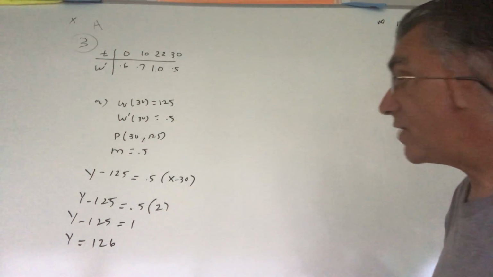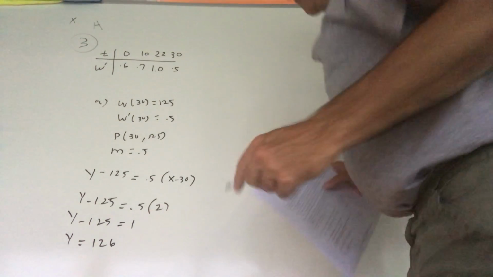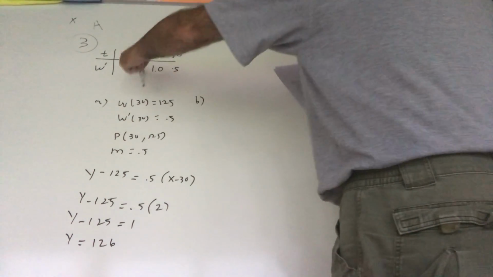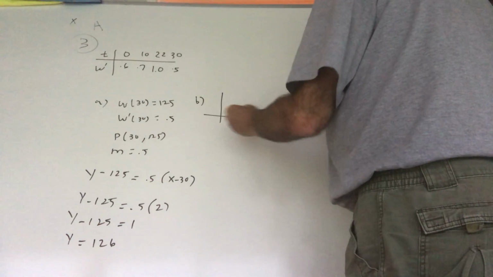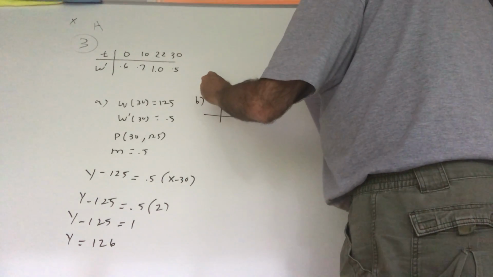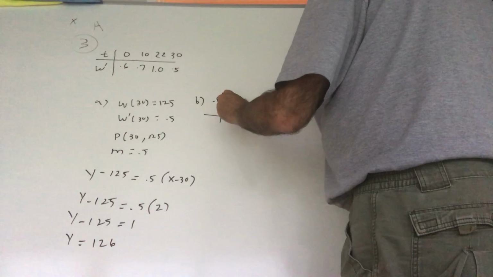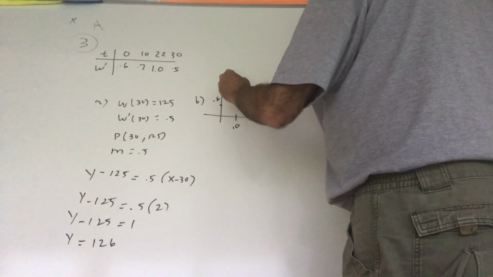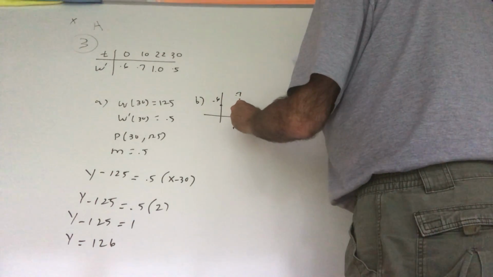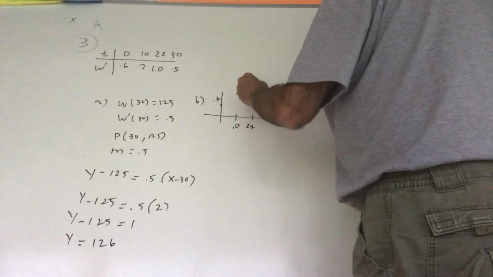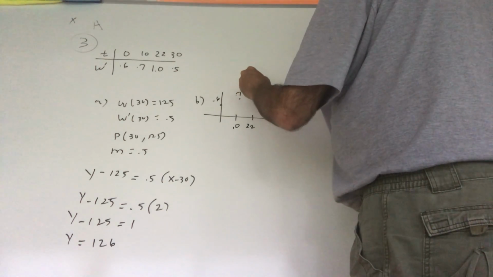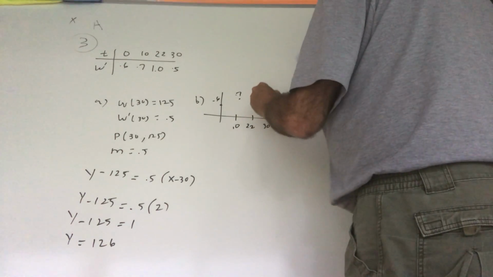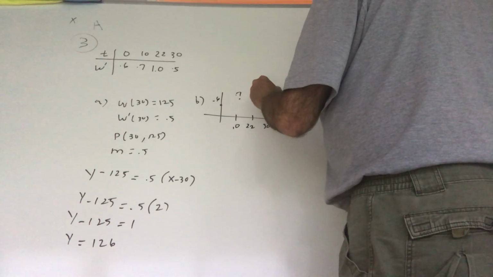B, use left-hand Riemann sums. So if we look at the data here, 0 is 0.6, 10 is 0.7, 22 is 1.0, and then 30 is 0.5.